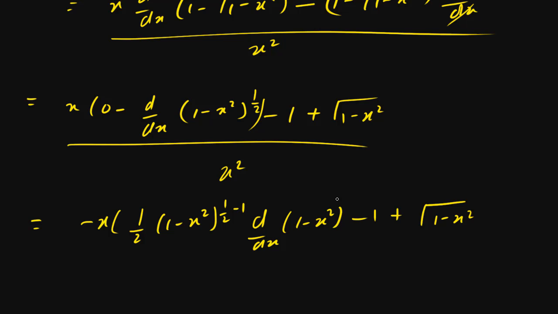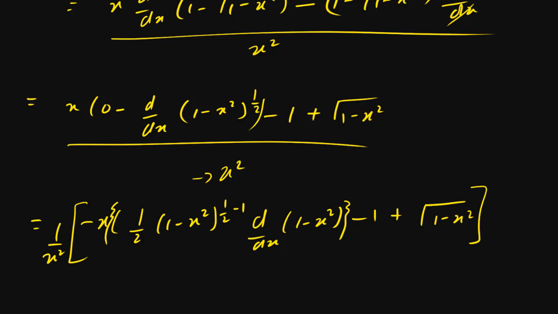Now what will I do here? Let me just make that bracket as well, and here I'm going to write 1 over x, and 1 over x square, this one, and bring that to the outside for easy purpose.